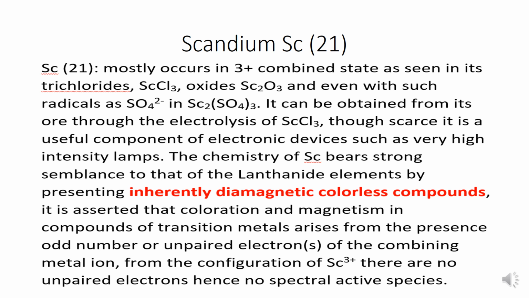Though scandium tends to be scarce, it finds its usefulness in the area of electronic devices. Scandium bears a strong semblance to the chemistry of the lanthanides because scandium is inherently diamagnetic and also shows colorless compounds in its combinations.